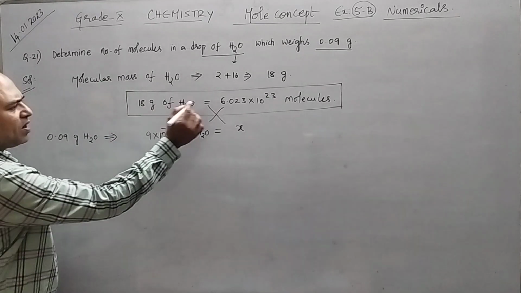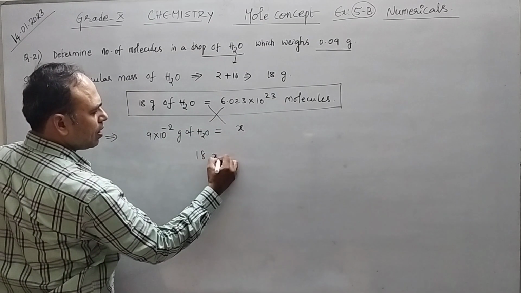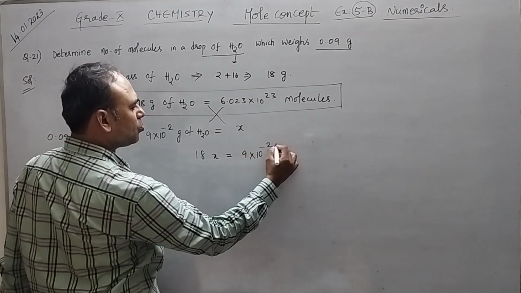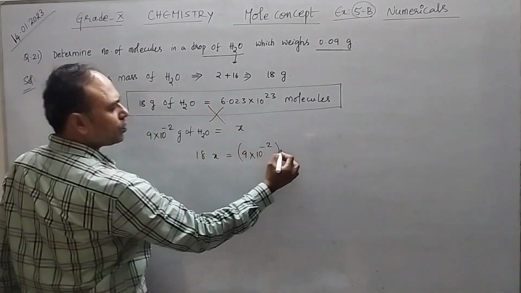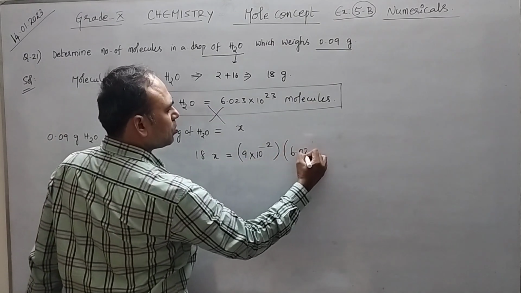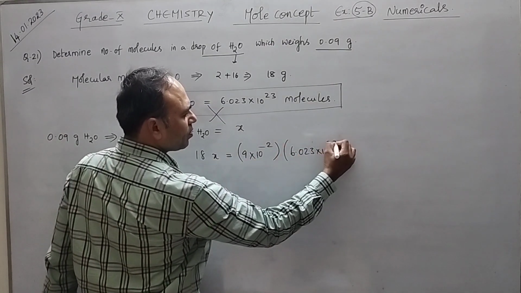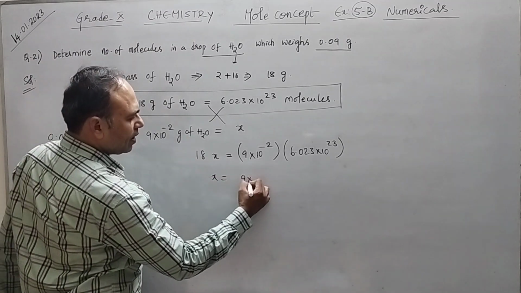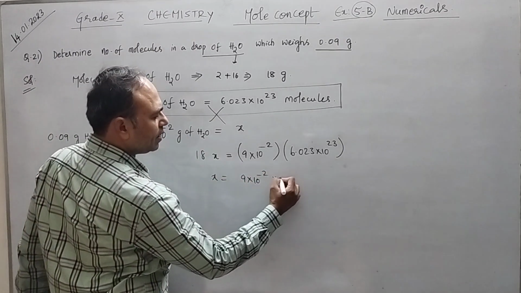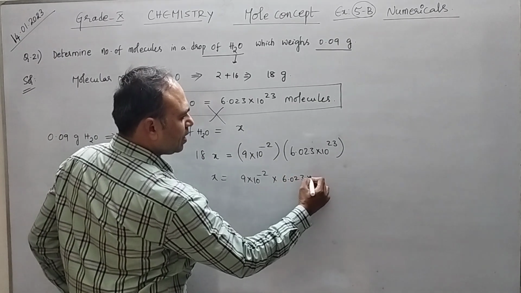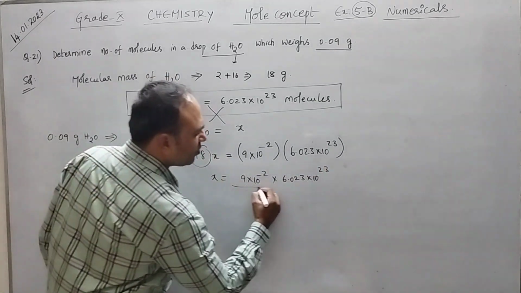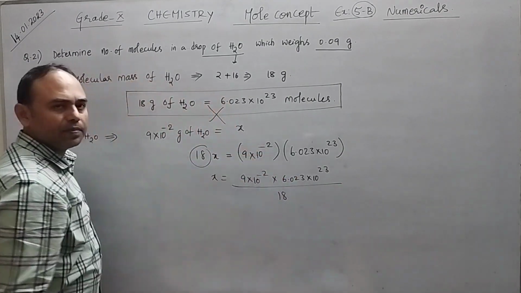Now on cross multiplication we get 18x is equal to 9 into 10 to the power of minus 2, this into 6.023 into 10 to the power of 23. Now x is equal to 9 into 10 to the power of minus 2 into 6.023 into 10 to the power of 23, divided by 18.